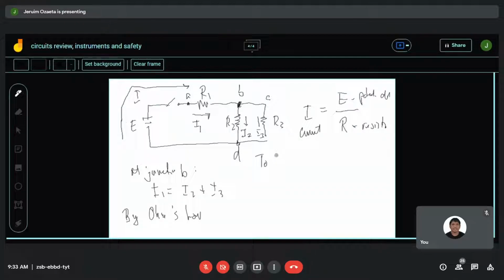To solve for the currents, you can say that I sub 1 equals E over R sub 1 plus R sub 2 R sub 3 over R sub 2 plus R sub 3.